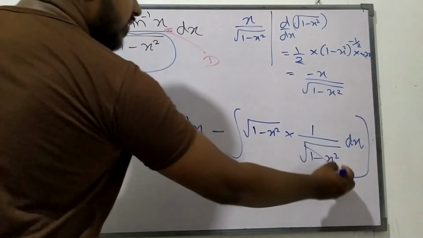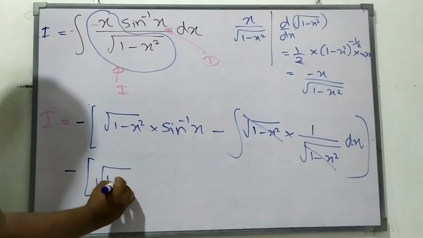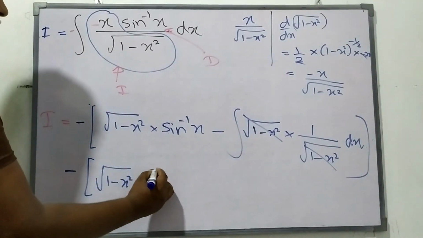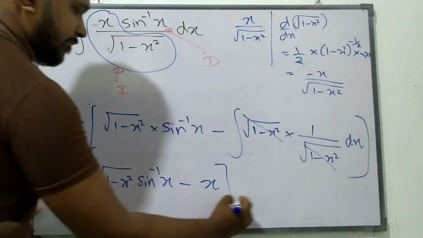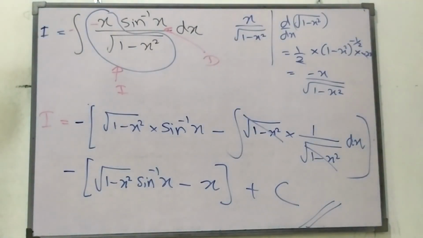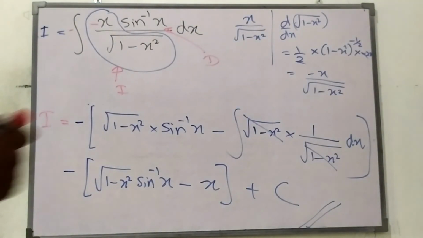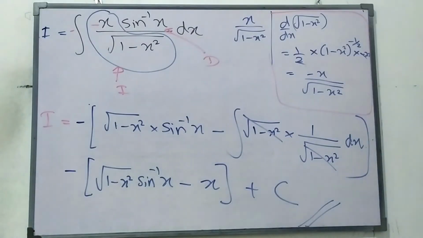These two get cancelled now. This is 1. 1 means x plus c. Right? It's obviously easy, but you should understand this one.